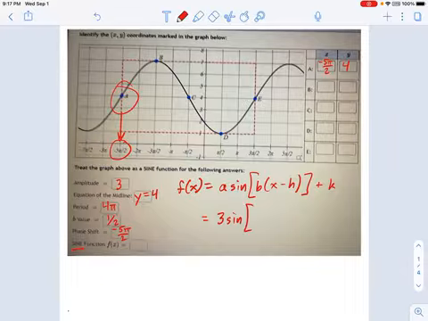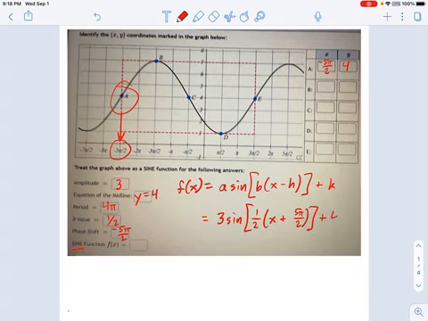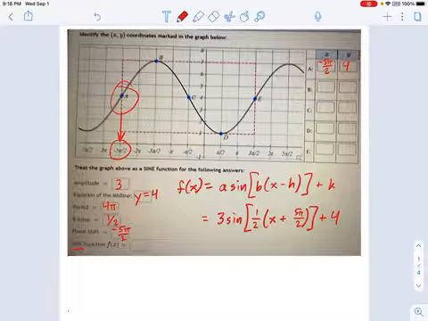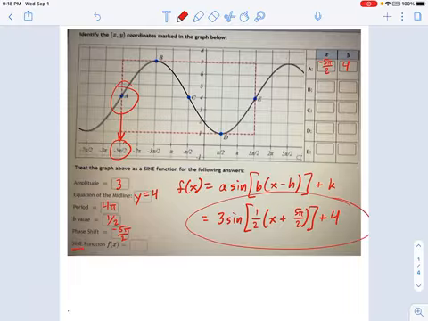The b value we calculated as 1/2. I'm just looking over here to get all these things that I'm putting in the equation now. X minus, what's phase shift? Phase shift is negative 5 pi over 2. So instead of saying x minus negative 5 pi over 2, let's just call it x plus 5 pi over 2. And then it's going to be plus 4, the equation of the midline. So this is your function, and that is what goes right in here.